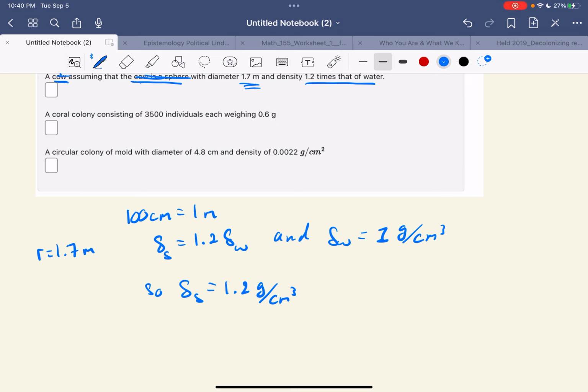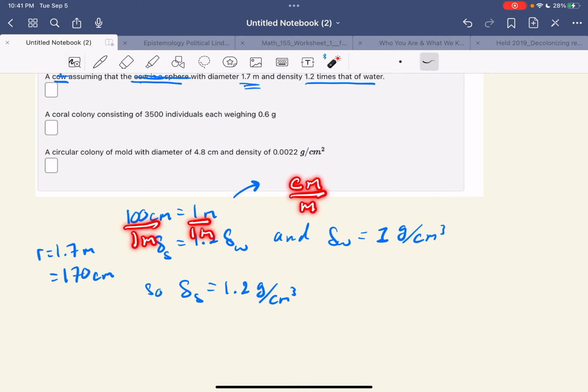Each meter is 100 centimeters, so we're going to multiply this by 100. It's 170 centimeters. One way to see that is I need to get rid of meters and make it centimeters, so I should divide by 1 meter on both sides.